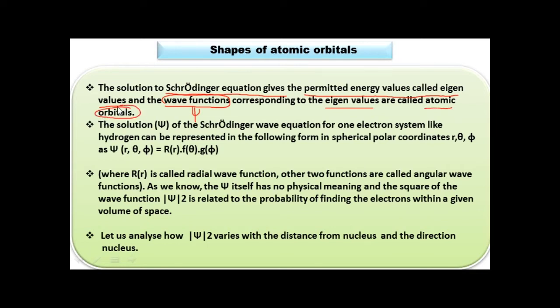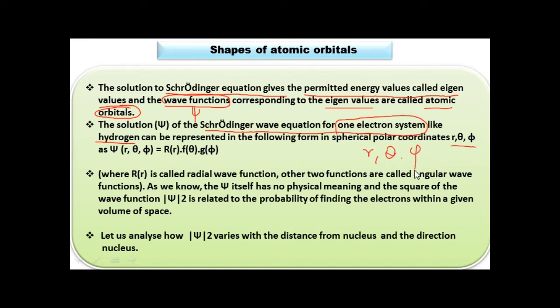The solution psi of the Schrödinger wave equation for the one electron system. One electron system means something like a hydrogen atom. It can be represented in spherical polar coordinates. Spherical polar coordinates means r, theta and phi.